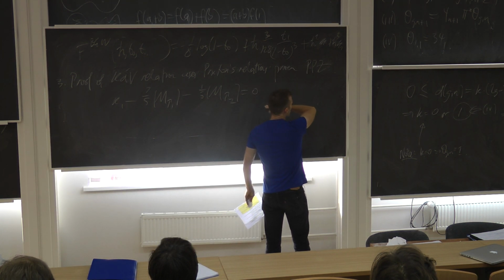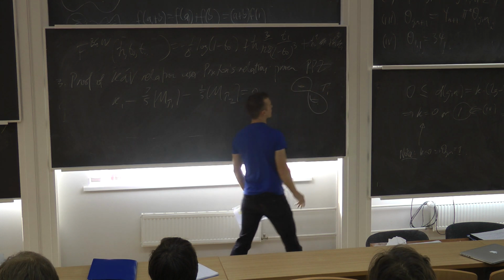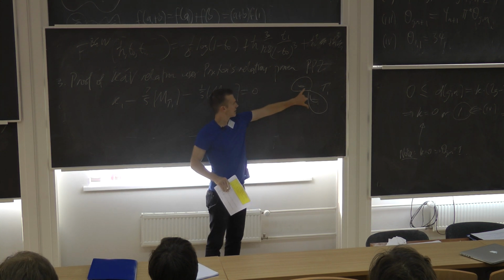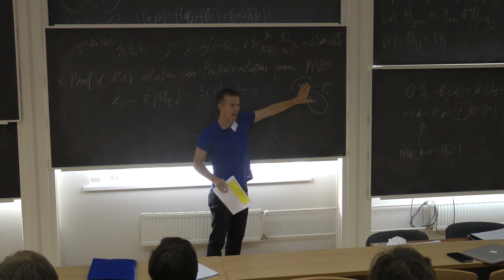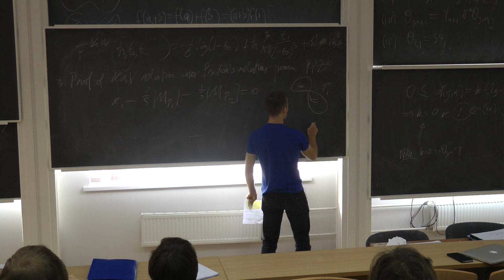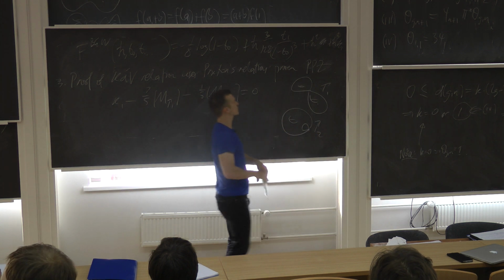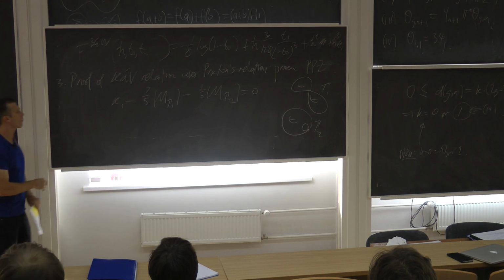It's referring to some graphs, but I'll just say what it's referring to. Gamma 1 is referring to the divisor inside M2 bar given by essentially M11 cross M11. And gamma 2 is referring to the dual graph.